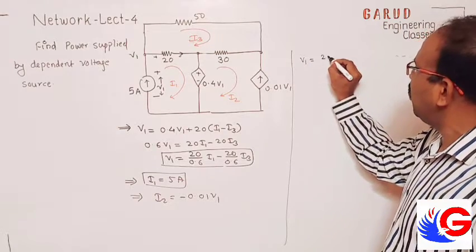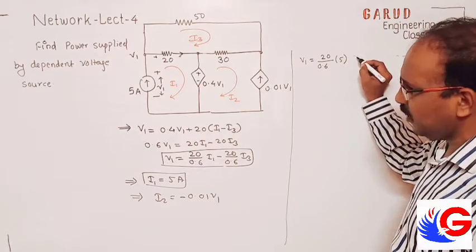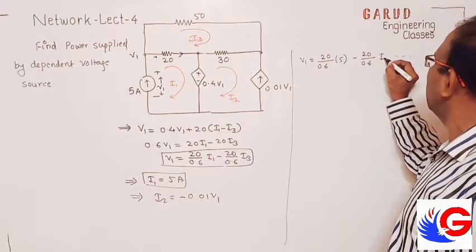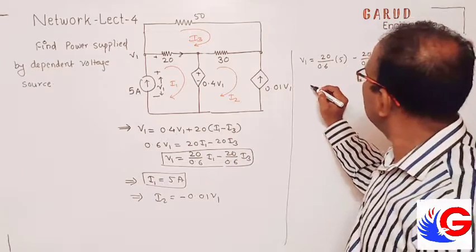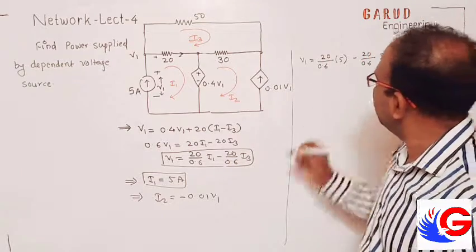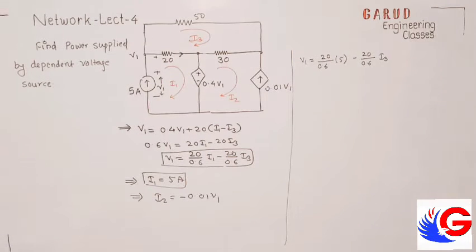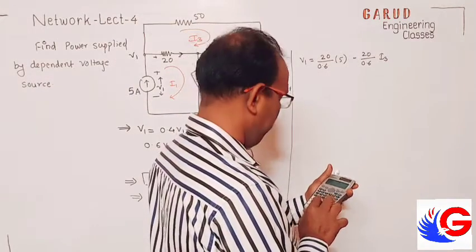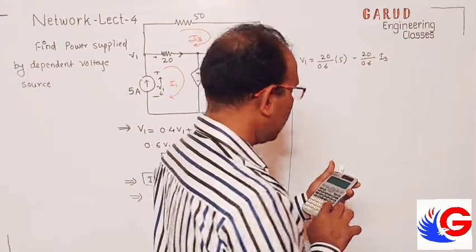V1 equals 20 by 0.6 times I1, and I1 is 5 minus I3. So that is 100 by 0.6, which is 500 by 3.